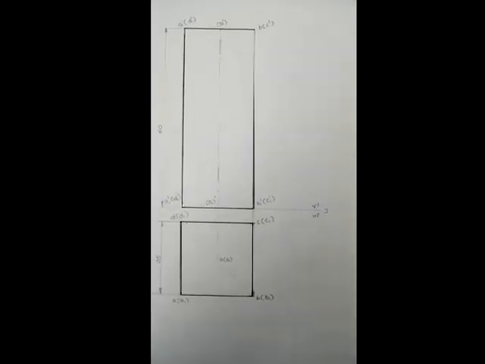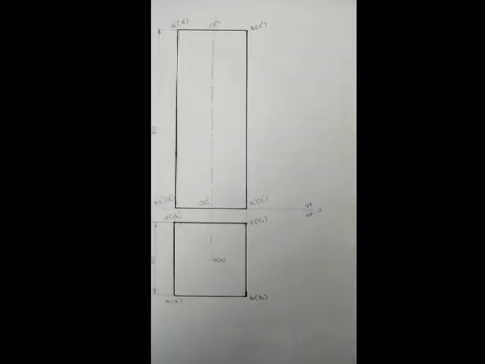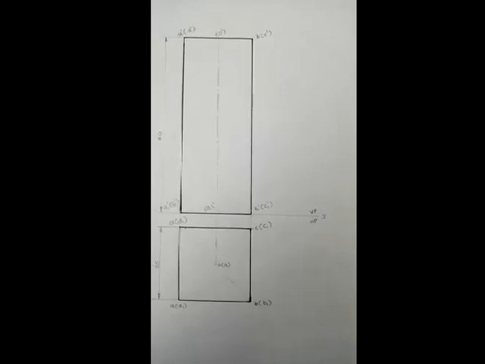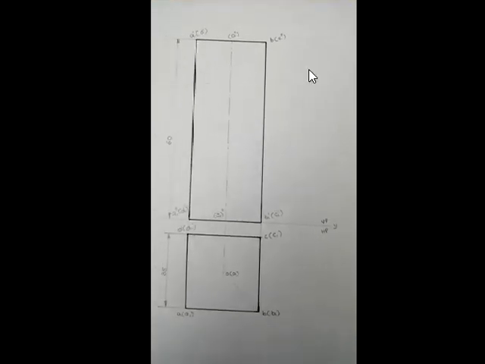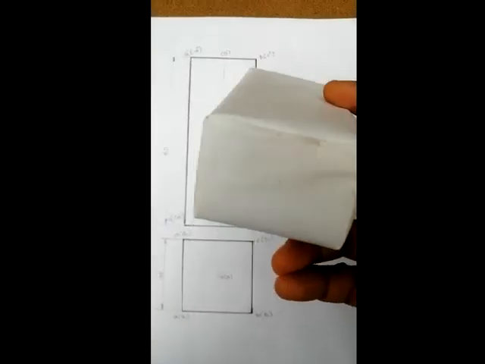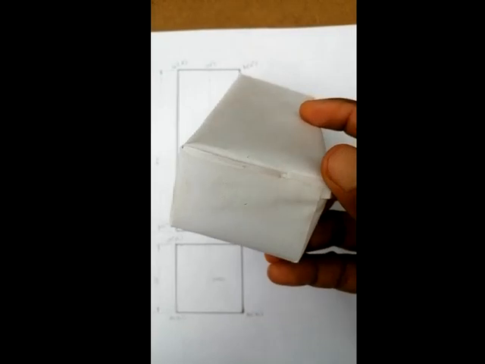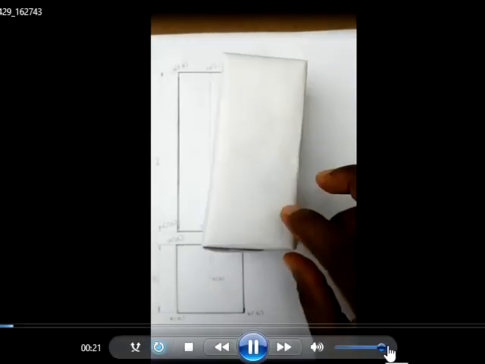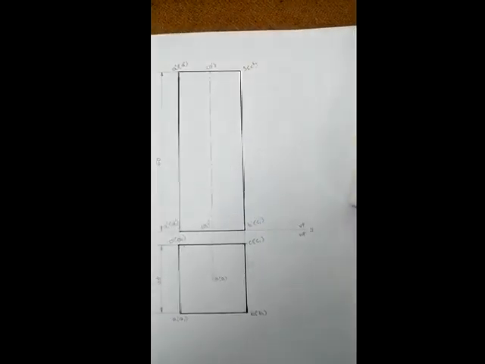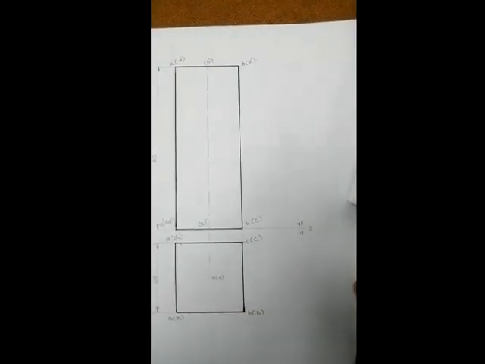So according to the given question, I am having one square prism of base dimension 35 and height 60 mm. So you consider one square prism, base is square shape of dimension 35 and height of square prism 60 mm. I will start with top view first.